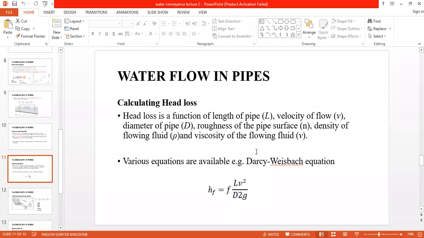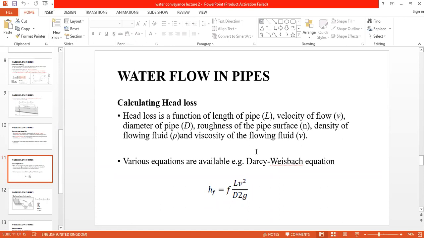This is also related to the diameter. If the diameter is small, it means that water will be scratching through the edges of the pipe, or rubbing through the edges of the pipe, more than when you have a bigger diameter. So if your diameter is smaller, you have a higher velocity, and it has an implication on the friction itself.